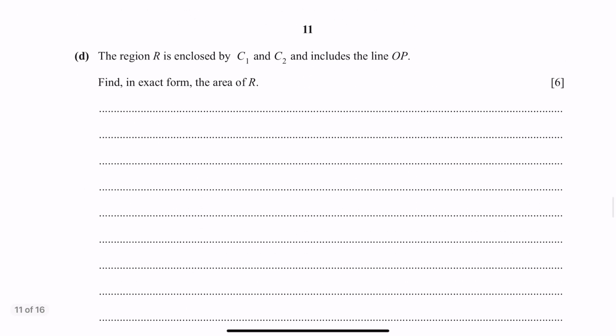So we can start doing the integration. Area is basically 1/2 of the integration from 0 to pi over 6 for C2, which is sine square 2 theta, plus 1/2 of the integration from pi over 6 to pi over 2 for cos square theta, which is C1.